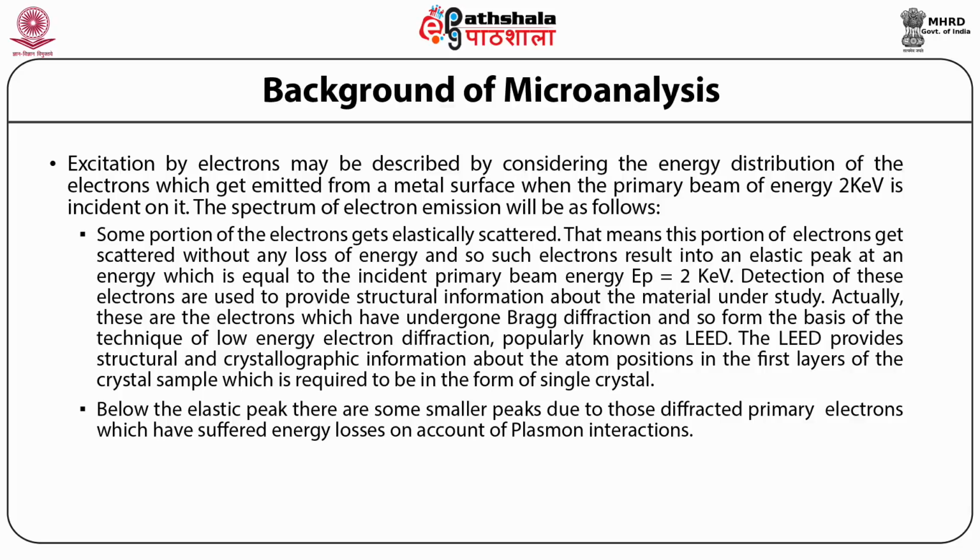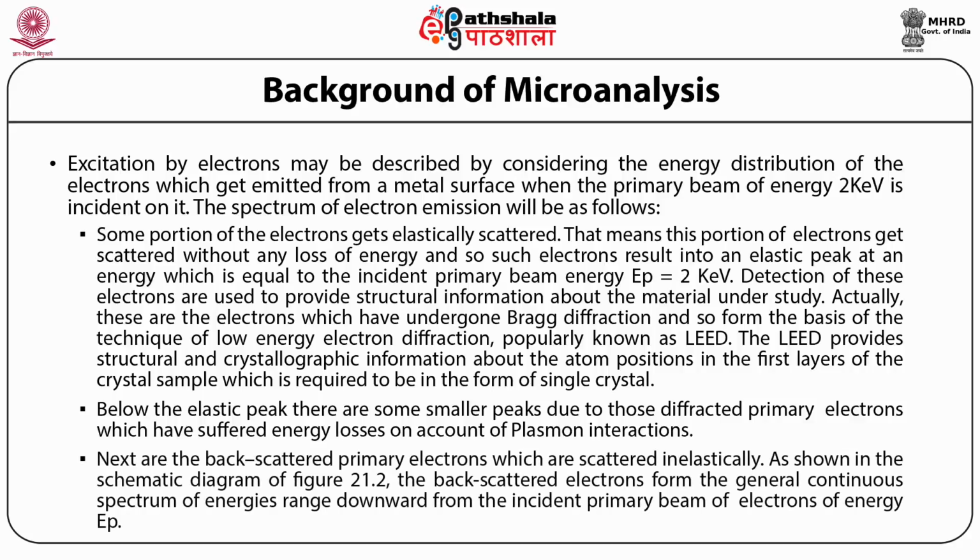Number 3. Next are the backscattered primary electrons which are scattered inelastically. As shown in the schematic diagram of figure 21.2, the back-scattered electrons form the general continuous spectrum of energies ranging downward from the incident primary beam of electrons of energy EP.